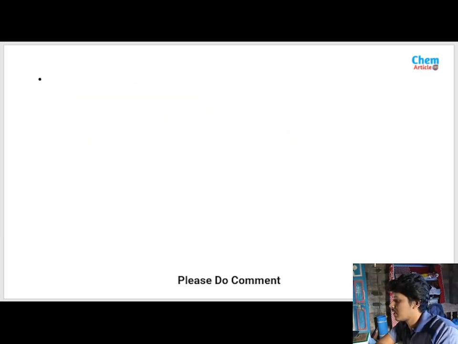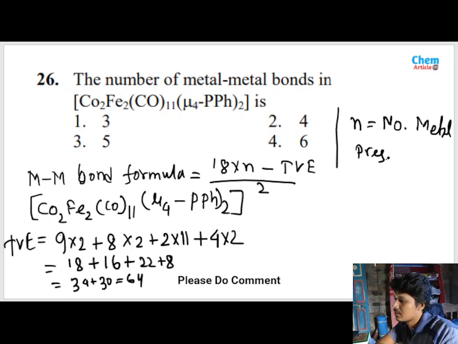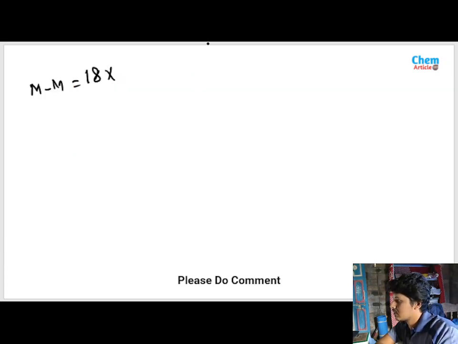So the total valence electron count is 64. The metal-metal bond formula is 18n minus the total valence electron count, where n is the number of metals present in the complex.